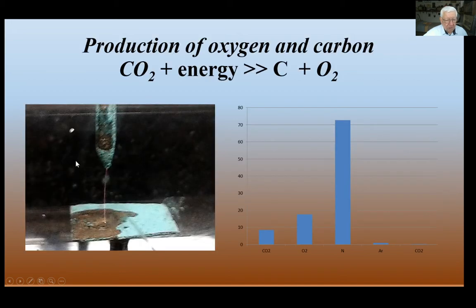So we made this carbon dioxide used for production of carbon and oxygen using energy of lightnings, small lightnings. We did experiments in Poland, and we may obtain about 17% of pure oxygen using this technology.